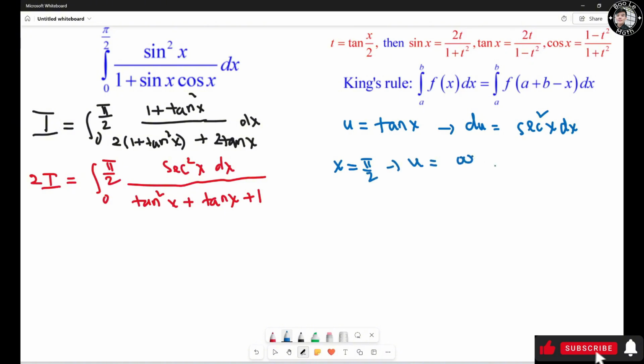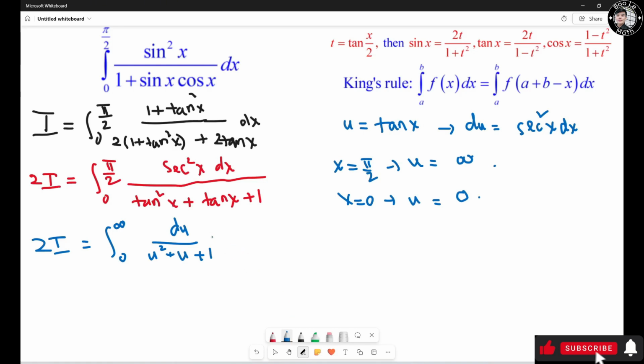Now s equals 0, then u equals tangent of 0, which equals 0. So I substitute back over here, and I have 2I equals the integral from 0 to infinity of du over u squared plus u plus 1.